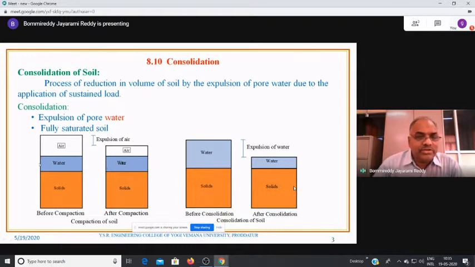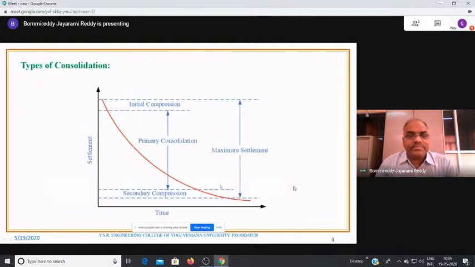In the consolidation process, two things are important. One is that the load is sustained load. Always the load acting on the soil is sustained, static load. And the expulsion of pore water takes place, and the soil must be fully saturated. So these are the three important points during the process of consolidation.